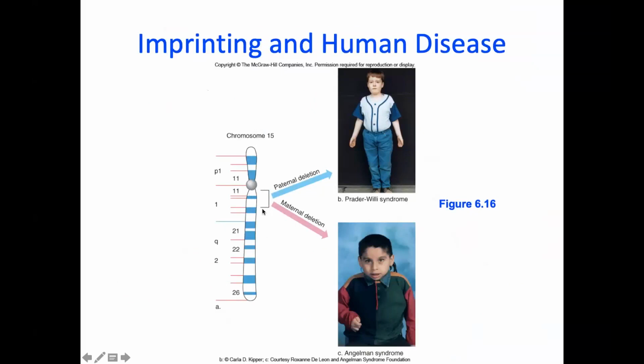Alternatively, if the deleted version of the chromosome is transmitted through the maternal parent, the mother, you're going to suffer from Angelman syndrome. And the reason for that is a little bit complicated. If you're familiar with a phenomenon known as genetic imprinting, it's that phenomenon that plays a role in this unusual situation where the particular condition that results depends on which parent transmits the abnormal chromosome.